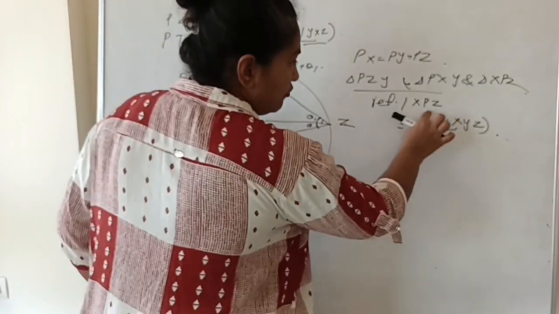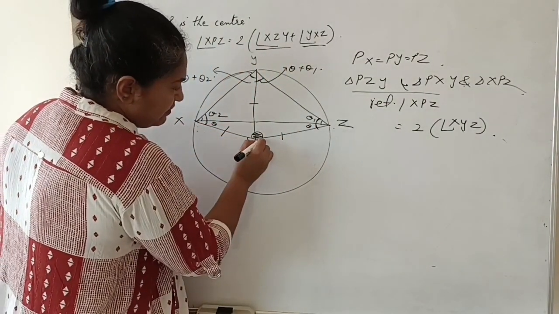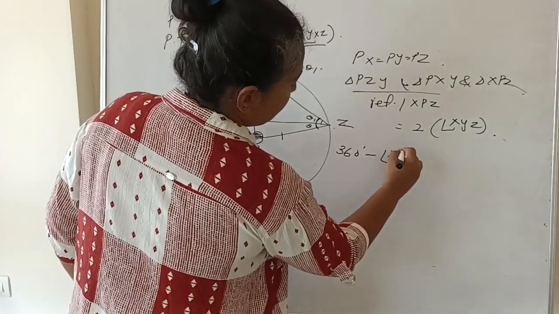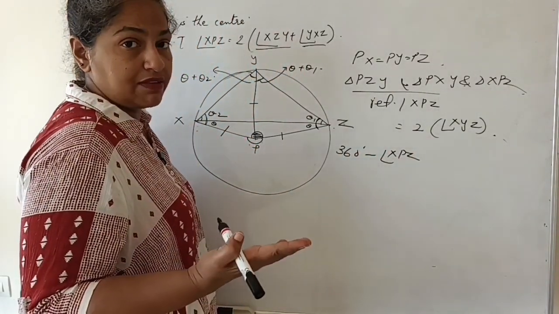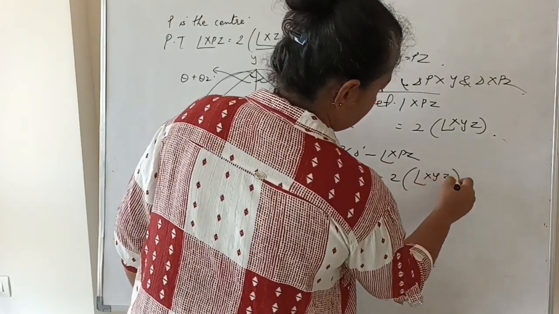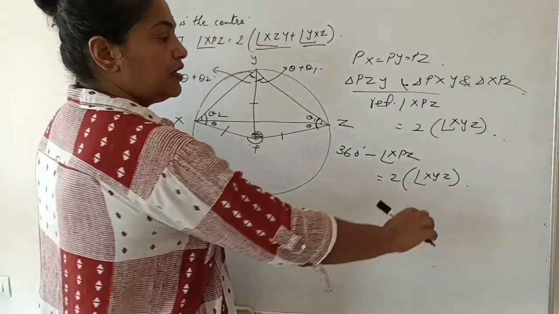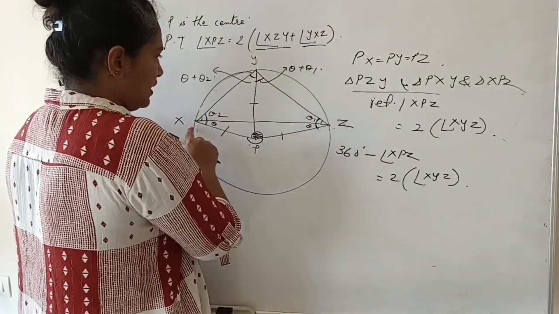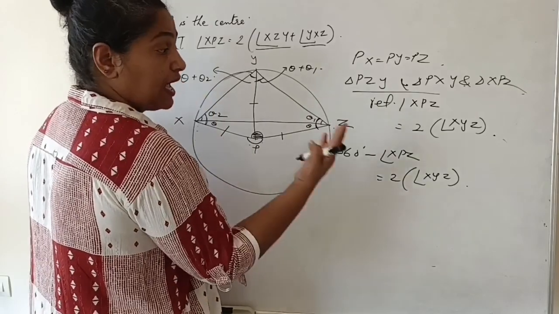Now reflex angle XPZ is actually 360 minus angle XPZ. That is our basic definition of a reflex angle. So this is equal to 2 angle XYZ. Okay.